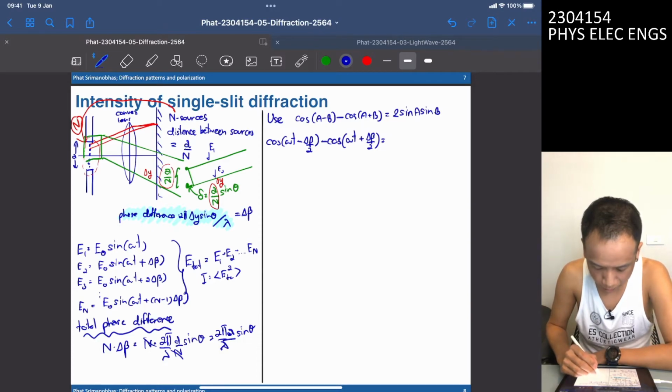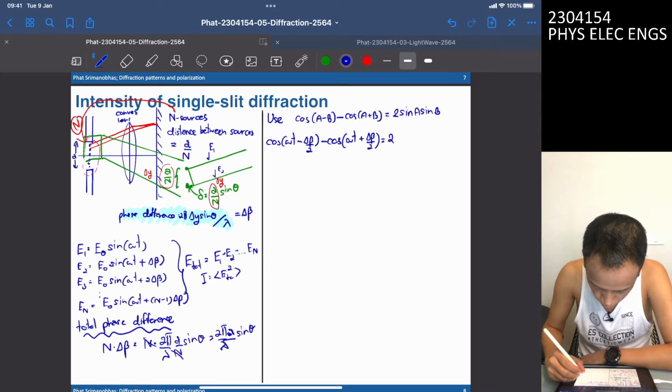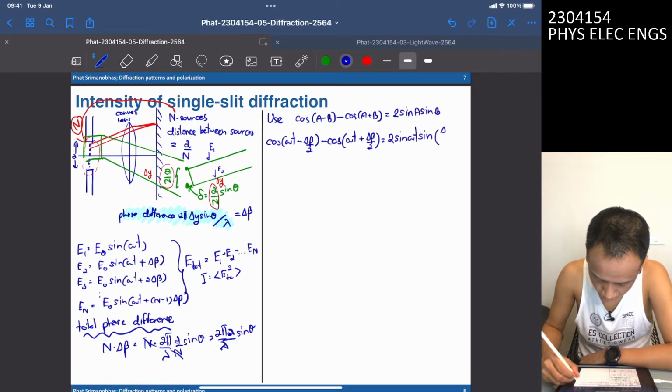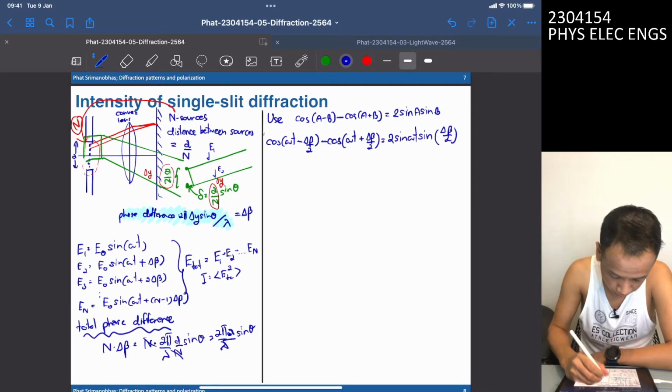So a is omega t, b is delta beta over 2. So you will get 2 sine omega t sine delta beta over 2. So this is the first one.